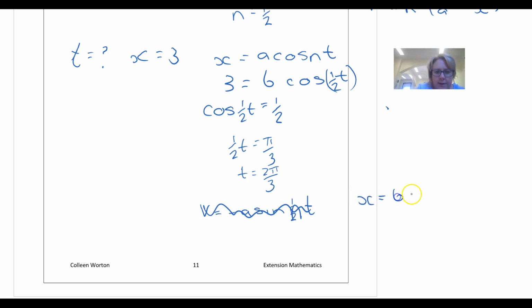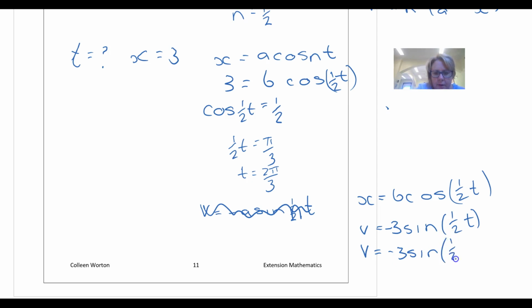If displacement is 6 cos half t, then velocity is 3 sine half t with a minus. So if I sub in t equals 2 pi on 3, I will get minus 3 root 3 on 2, because the sine of 60 is root 3 on 2.